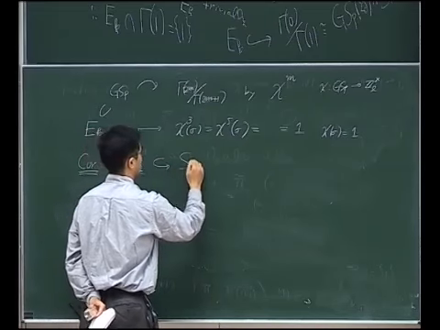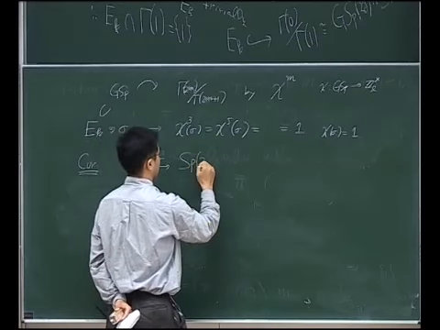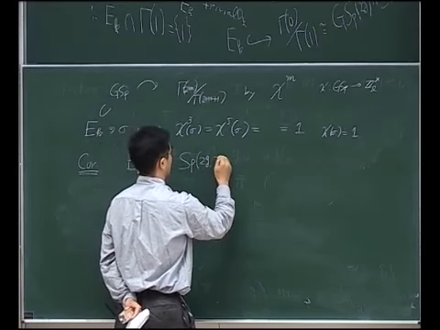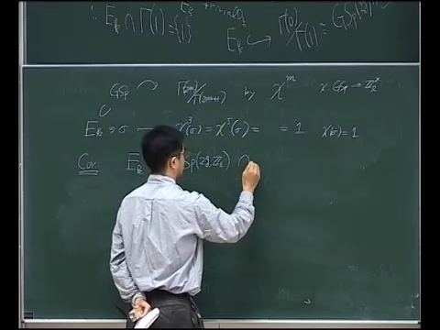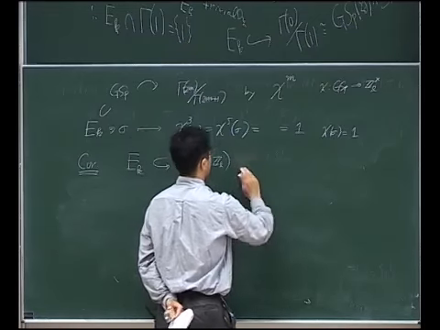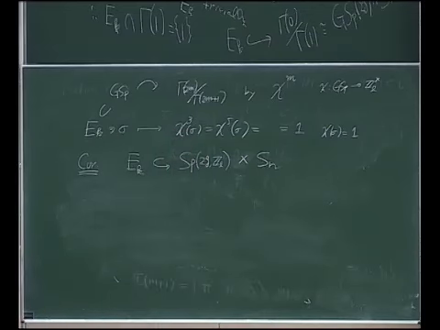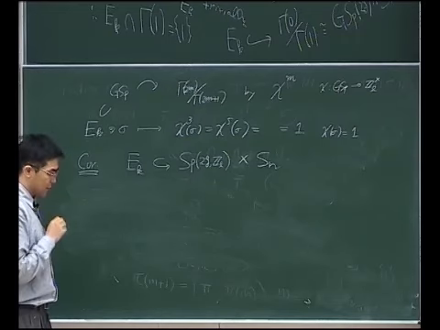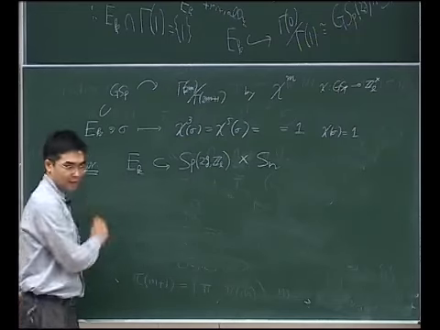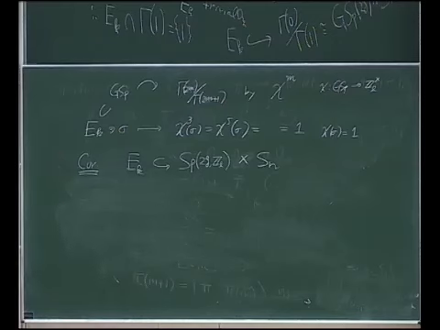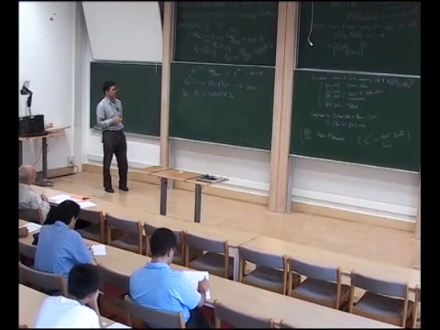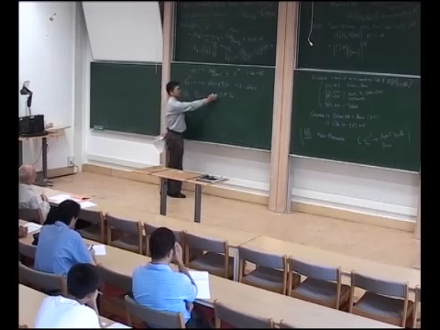So we have as a corollary that E_K has to be inside Sp, not GSp, times S_n.